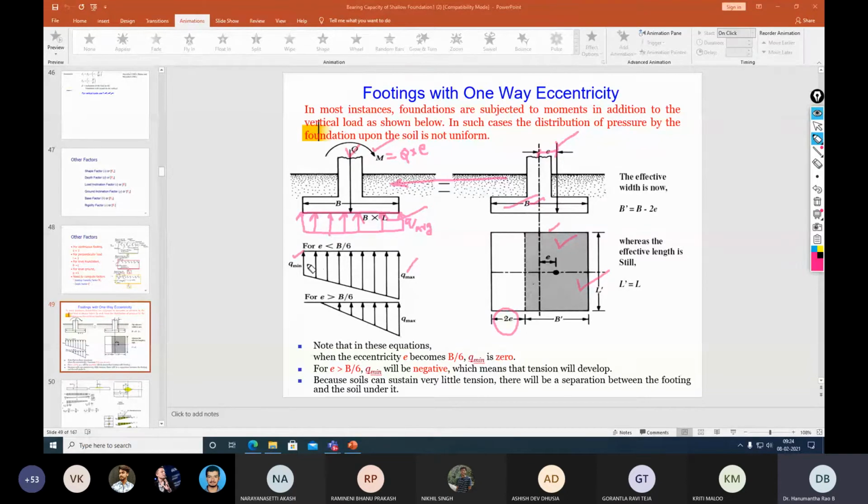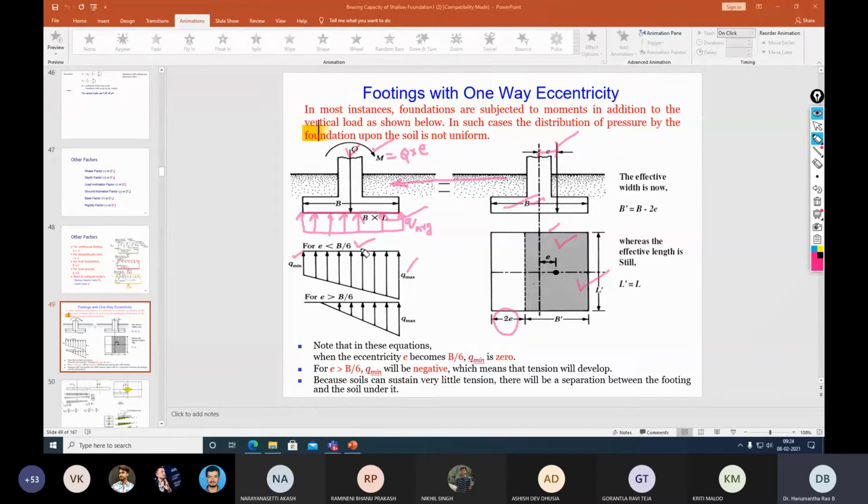However, the development of Q max and Q minimum is dependent on the intensity of eccentricity, which is typically represented in the form of B by 6. This is called the middle third rule.